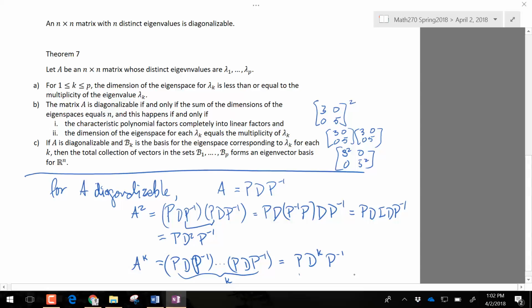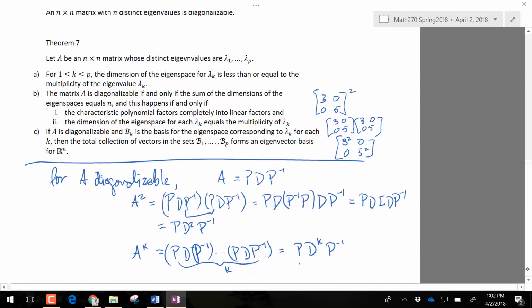So this is another advantage of diagonal matrices: if you're going to take it to the third power, the fourth power, or some higher power, then the diagonals are just whatever the diagonals to that power are. And then you just multiply by P on the left and P inverse on the right. Or backwards, whatever. You know what I mean?